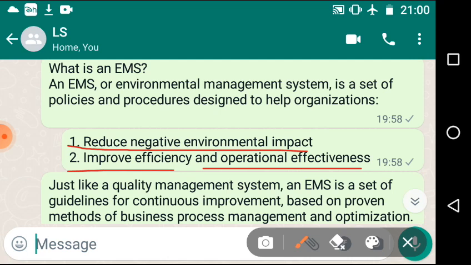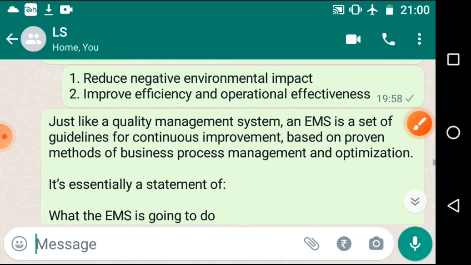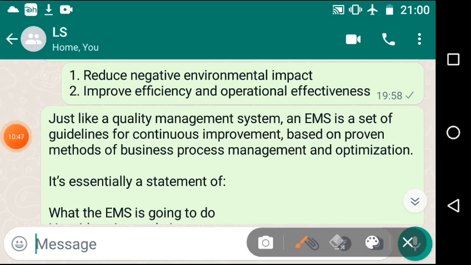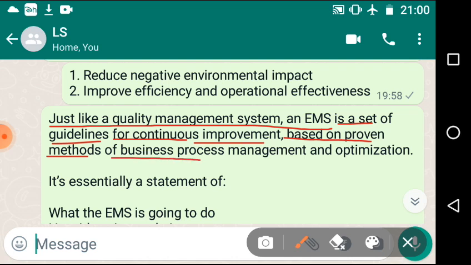So normally EMS is a set of policies and procedures designed so that the organization can reduce the negative impact on the environment, and at the same time improve their efficiency and operational effectiveness, not only to improve the environment but also to improve their production.